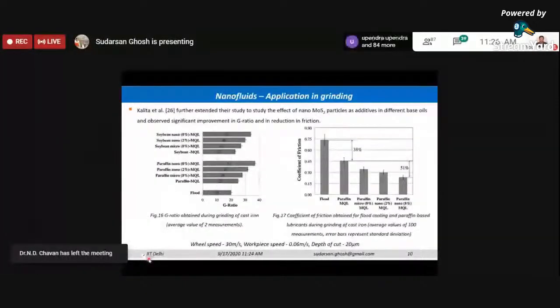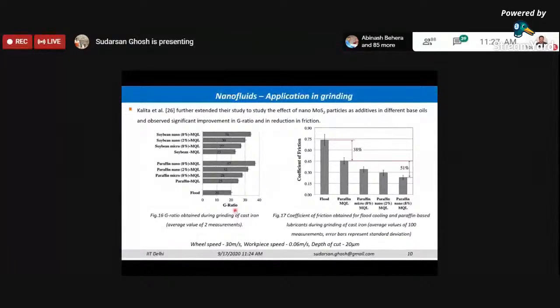So again, some more images. You can see there is another index which we call the G ratio index in grinding. What is this G ratio index? It is basically the amount of material removed per unit time divided by the amount of wear happening on your grinding tool.